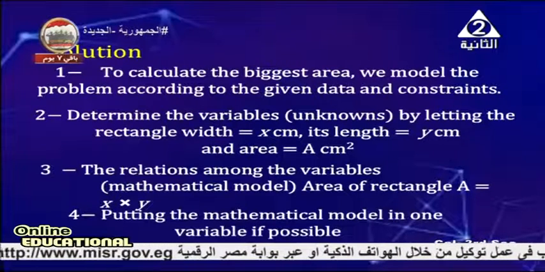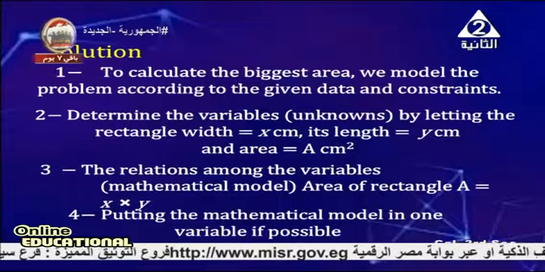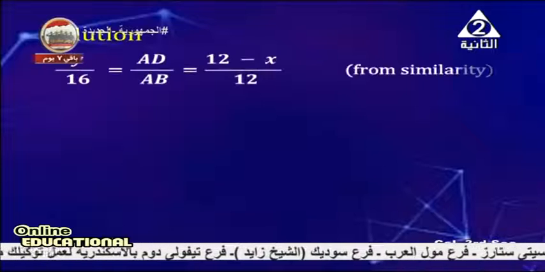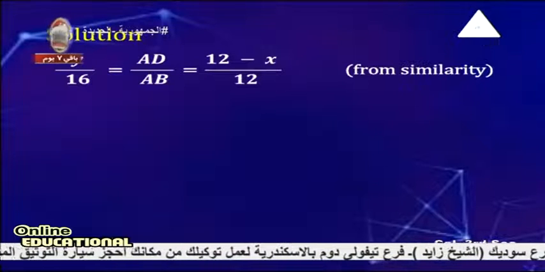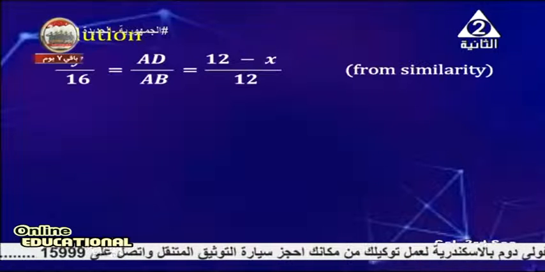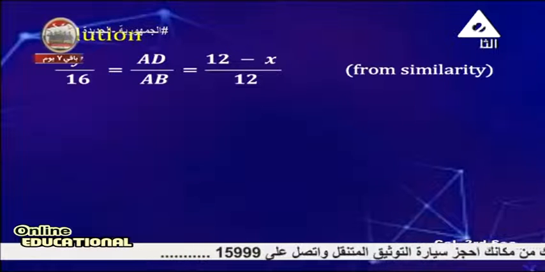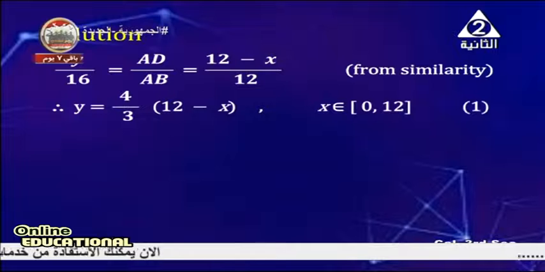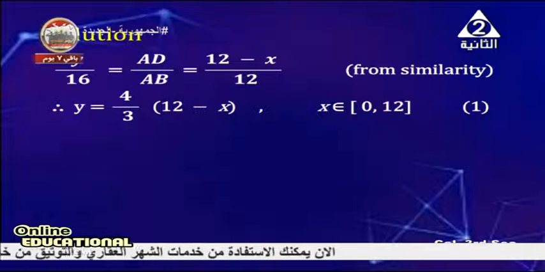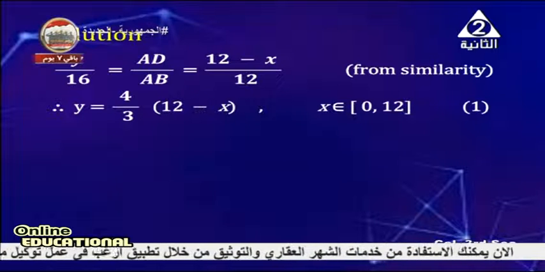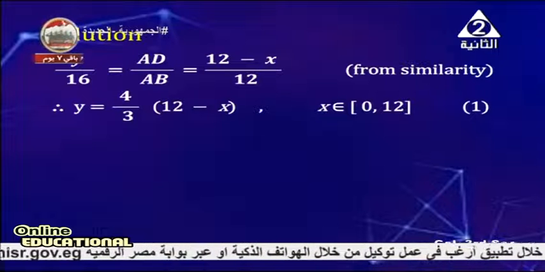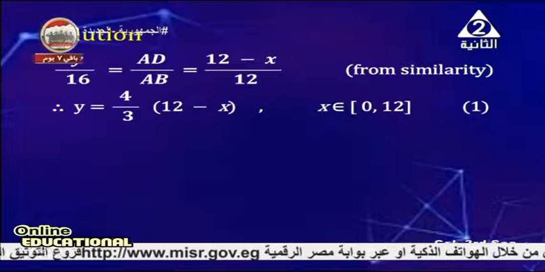Putting the mathematical model in one variable if possible. From similarity, then y over 16 equals AD over AB equals (12 minus x) over 12. Then y equals 4 over 3 multiplied by the bracket (12 minus x), and x belongs to the closed interval 0 to 12.